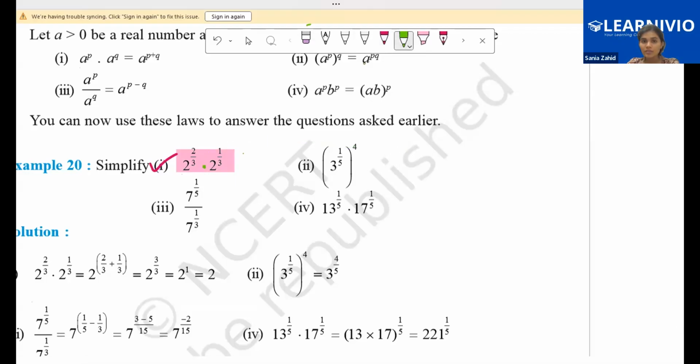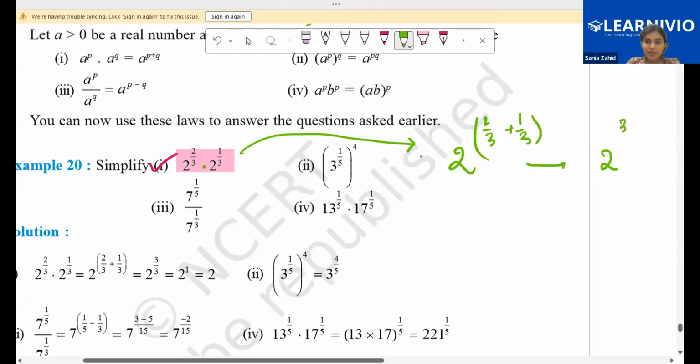Add it. So it becomes 2 to the power 2 by 3 plus 1 by 3. So your answer becomes 2 to the power 3 by 3. And 3 by 3 can be cancelled and is equal to 1. So 2 to the power 1 is equal to 2 only. So your answer is 2.